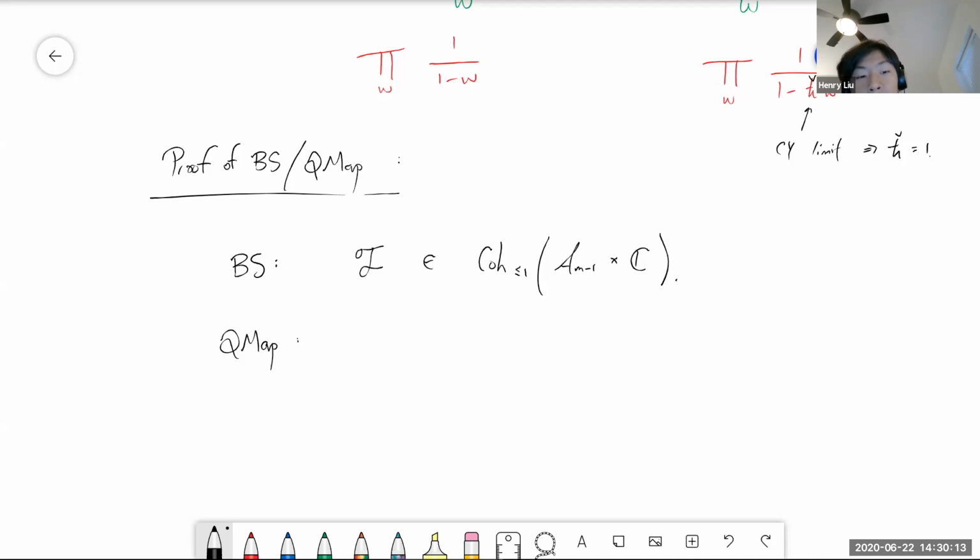Okay, so now you think of a Quasi Map as still a representation of your quiver, but now it's a representation into the category of coherent sheaves on P1, certain coherent sheaves. So your Quasi Map will be some collection of coherent sheaves on P1, which I'll just write as one giant bundle.